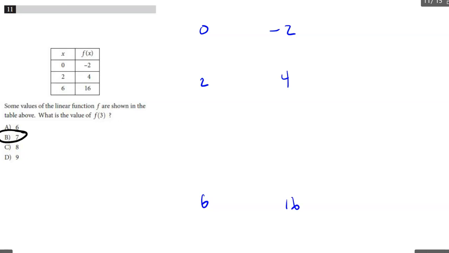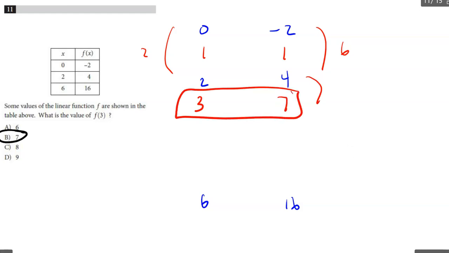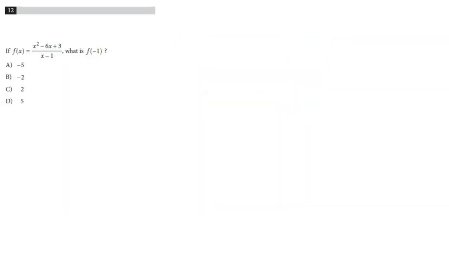If you can find a pattern in there, for instance, it went up 6 when this one went up 2, so you could find the middle amount. When this goes up by 1, over here is going to go up by 3, and then you could extend that pattern, go up by 1, go up by another 3, and you find out f(3) equals 7 there too. So however you want to do it.